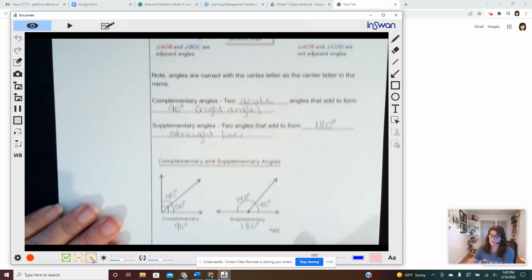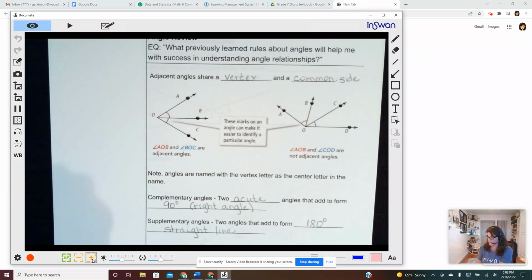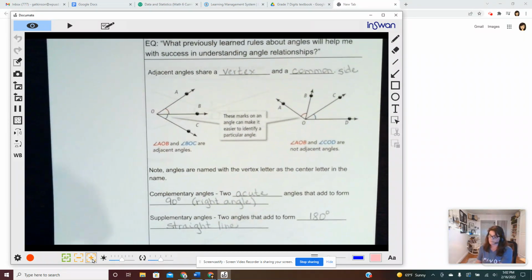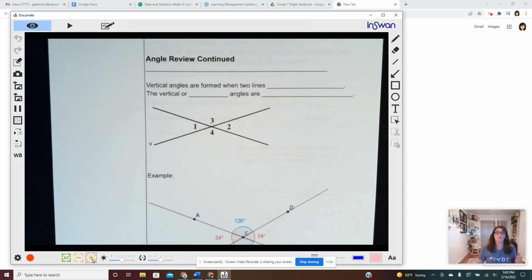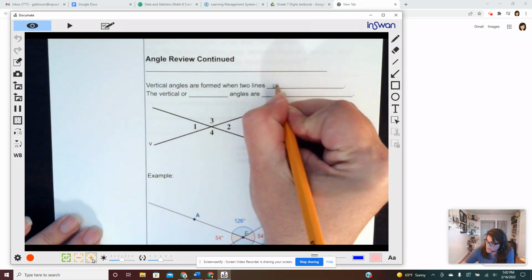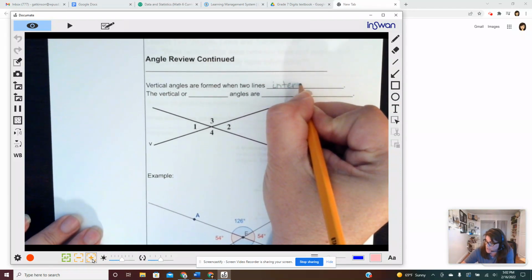Now, for this lesson, if you're in my class, you received 2 handouts. So here's the second one. Okay, still continuing with angle review. Now, probably my favorite relationship in angles is vertical angles. They're formed when two lines intersect.